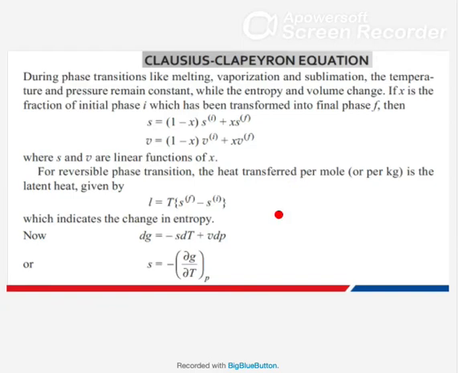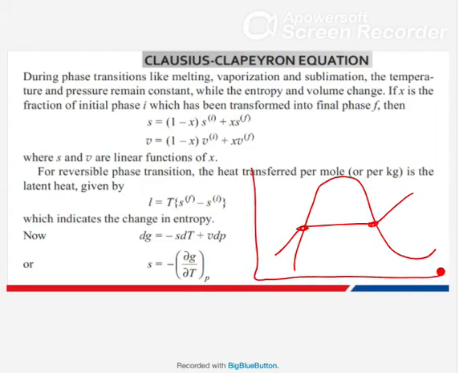Now if you remember, whenever there is a phase change, like this is our constant pressure line, from here to here there is a phase change. If this is a constant pressure line, which plot does this indicate? The TS plot.